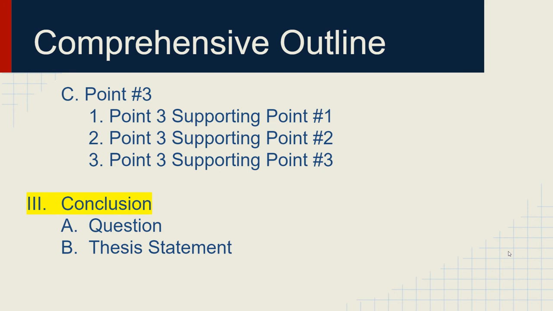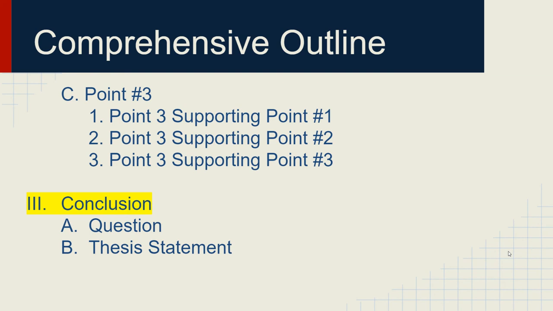And again, you repeat that same format for capital letter C, typing out your point number 3 in a complete sentence, and then using your supporting points from your developmental Cornell notes, turning those into complete sentences and listing those below in numbers 1, 2, and 3.